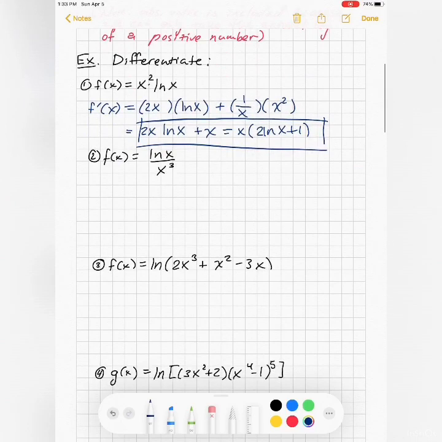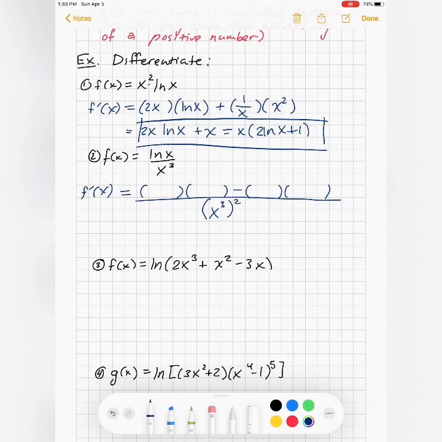Okay, number 2. First thing I see here is a quotient. So I set up my quotient rule: four bubbles, negative in the middle, the denominator squared. Derivative of the top times the bottom, minus derivative of the bottom times the top. And then I see if I can simplify it all. x squared minus 3x squared ln of x.